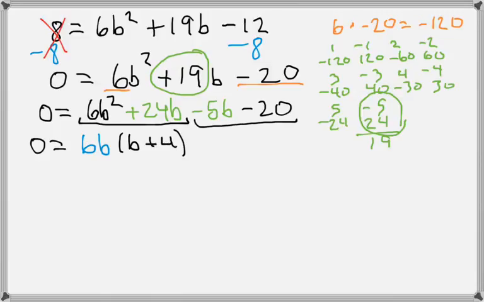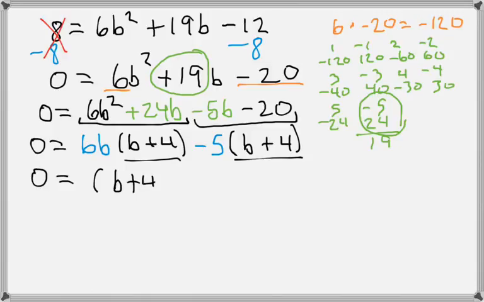And in the second set, we can factor out a negative 5, which is going to leave us with a b plus 4. And here, these two things should be the same. They are, so we factor those out. We have a b plus 4, and we have a 6b minus 5.